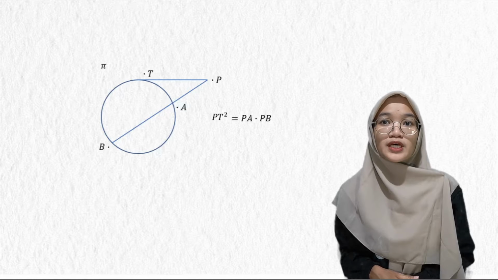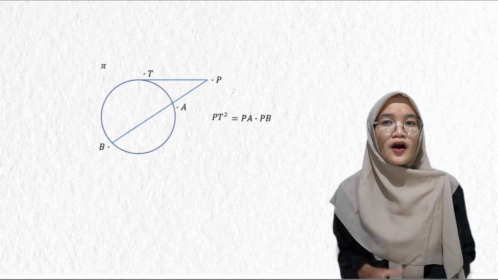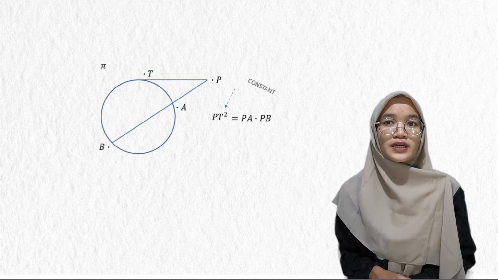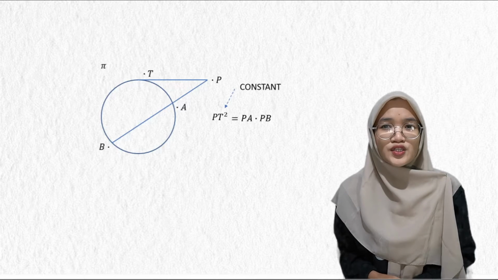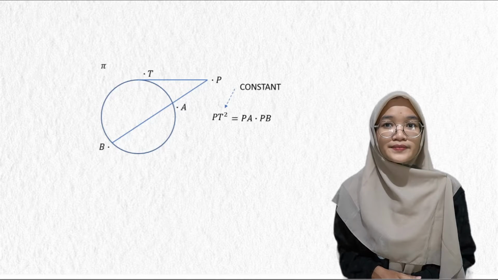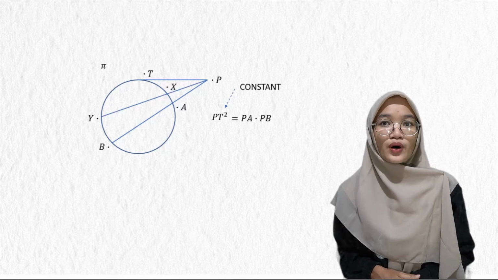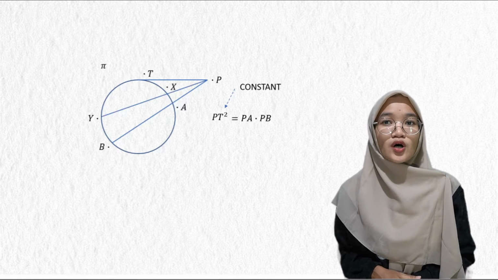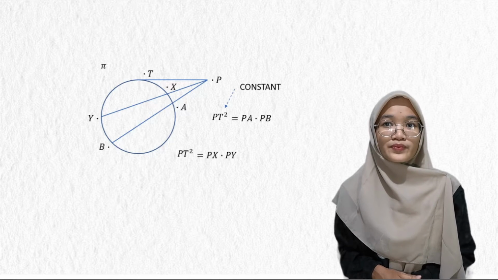So this PT square is actually a constant, a very strong constant, given a point P and given a circle gamma. If you draw any other secant, let's say PXY, then PT square is also equal to PX times PY.